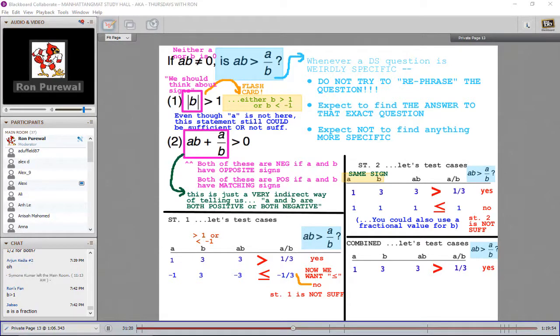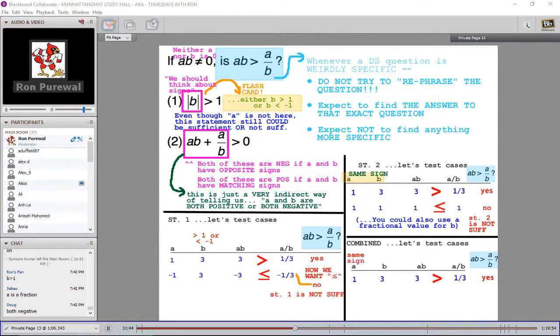At least it can't be a fraction less than 1, which is what people usually mean when they say fraction, because that's what statement 1 rules out. So let's write the conditions that we have to satisfy, because otherwise you have to try to remember it, and nobody wants to do that. A has to be the same sign as B, and B has to be either greater than 1 or less than -1.